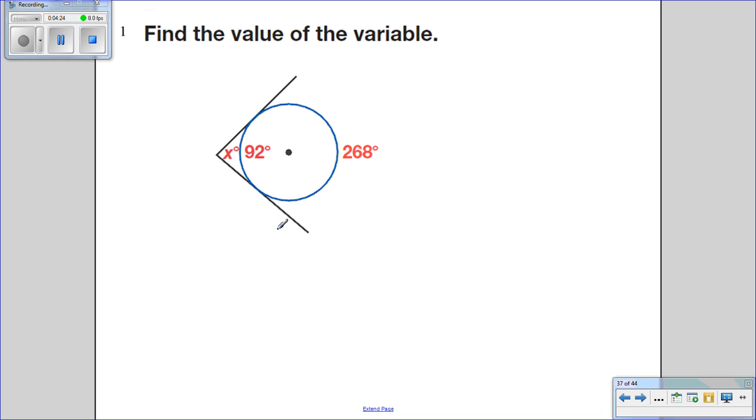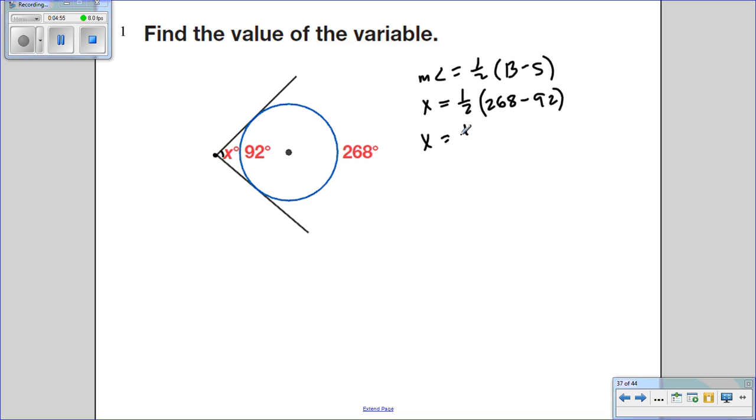Okay, let's try another one. For this one we're going to find the value of this angle. These two lines are intersecting outside the circle, so the measure of the angle is equal to 1/2 the bigger arc minus the smaller arc. Let's see what we know. The angle is x, 1/2, the bigger arc is 268, so it's 268 minus 92.